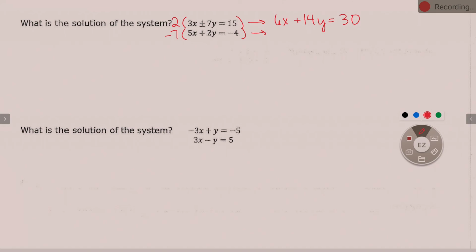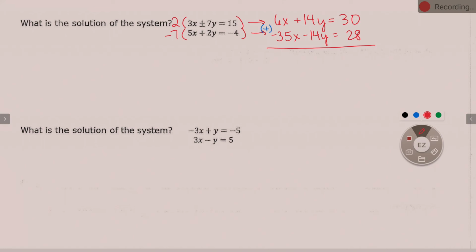If I multiply my bottom equation by -7, negative 35x minus 14y equals positive 28. My 14y's have opposite signs, so I'm going to add.